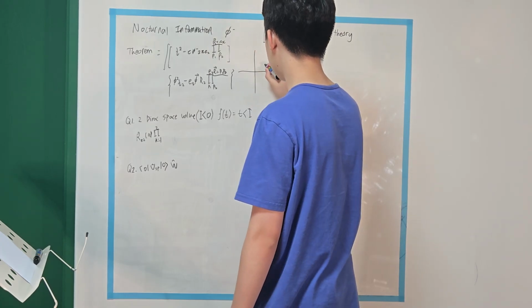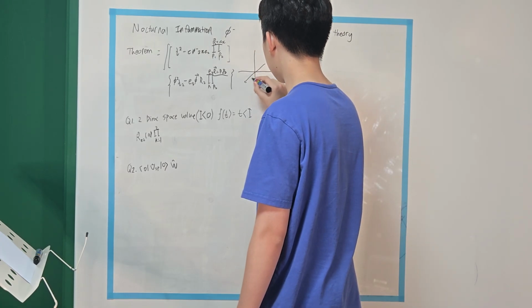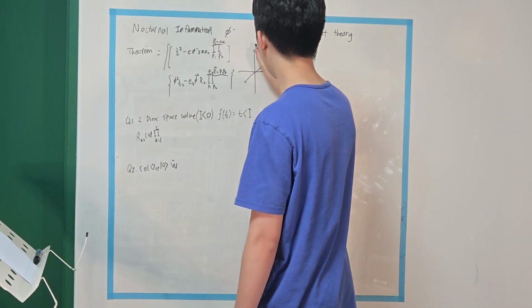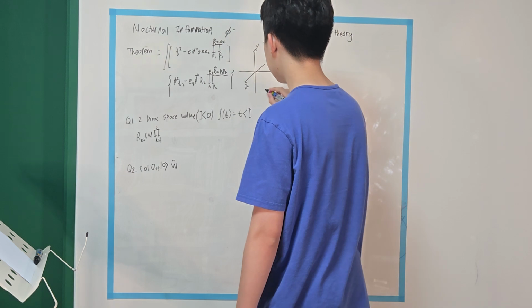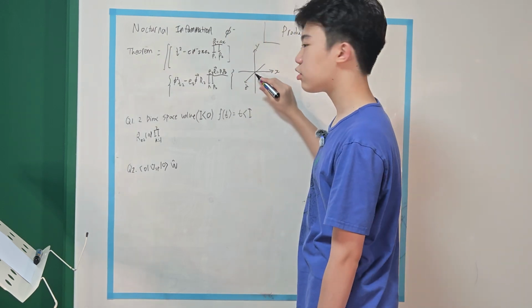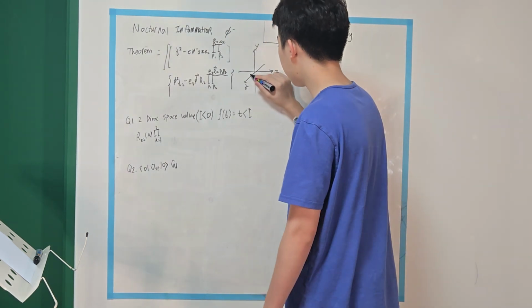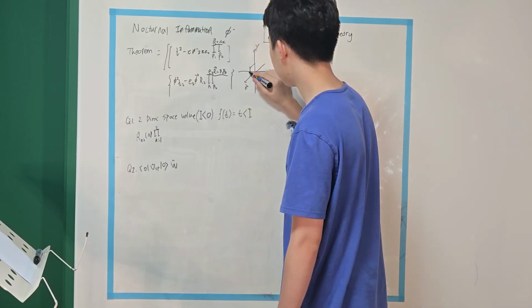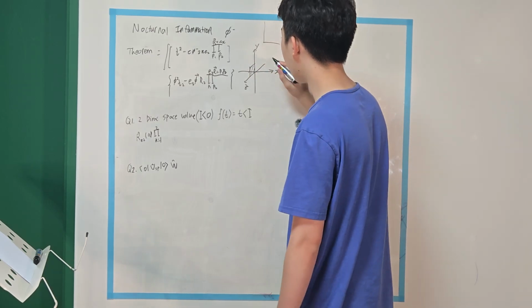It's gonna be like this. This is the X and Y and Z. It's 3D, so there's gonna be this thing on the ZY plane.